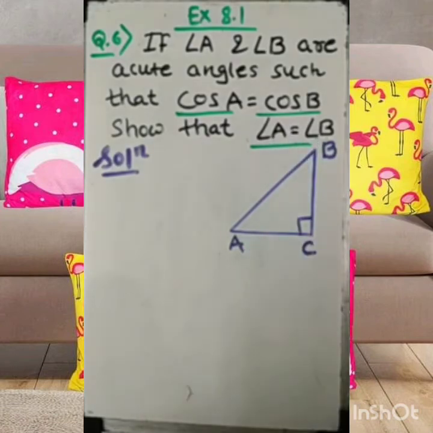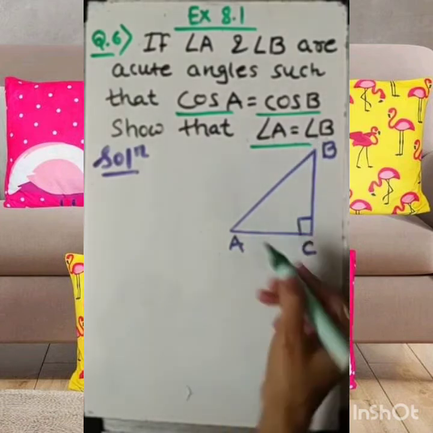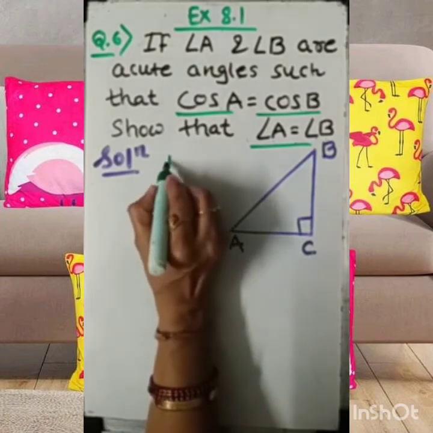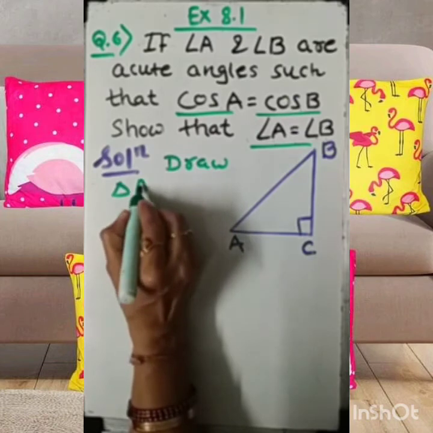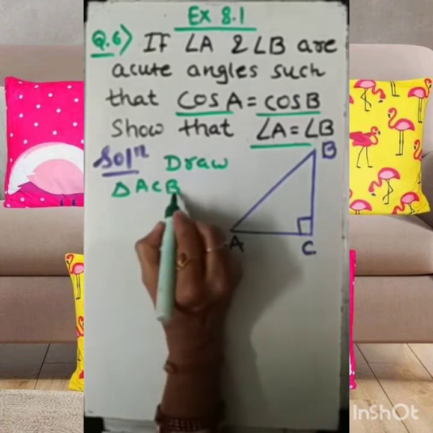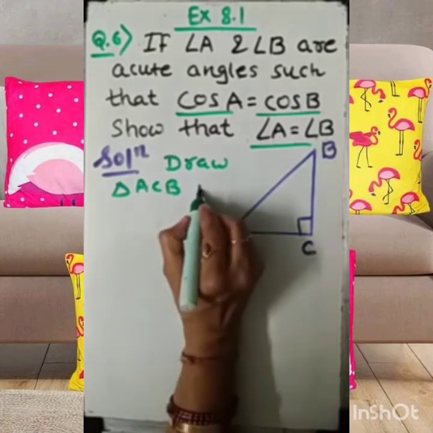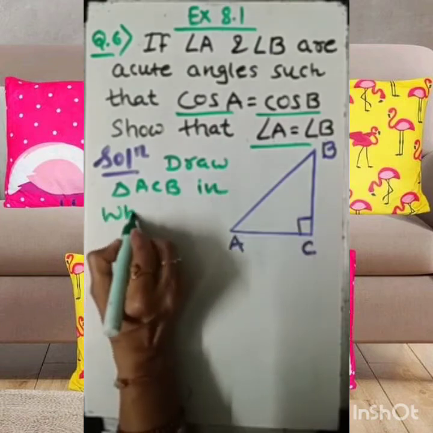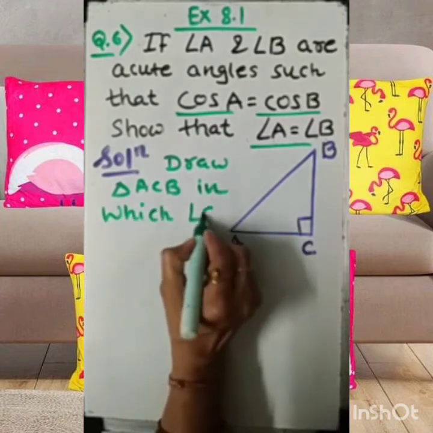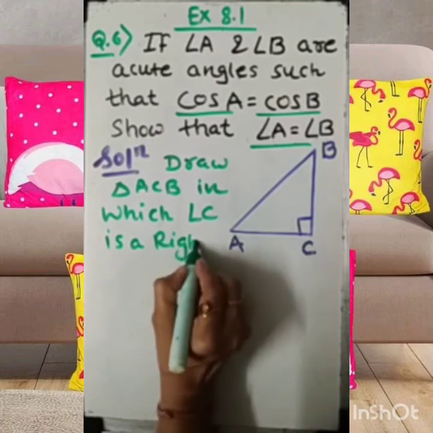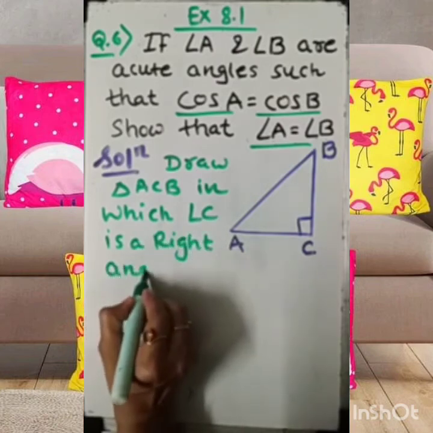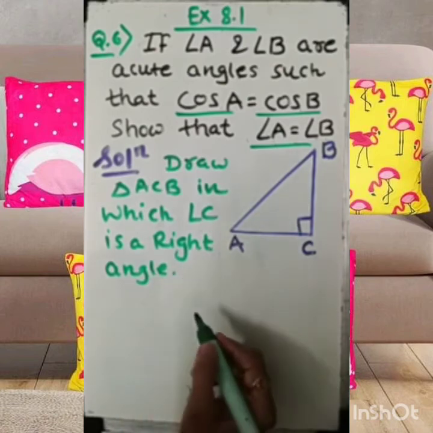Very simple. First of all, we need to draw triangle ACB, in which angle C is a right angle. Please note down, angle C is a right angle.